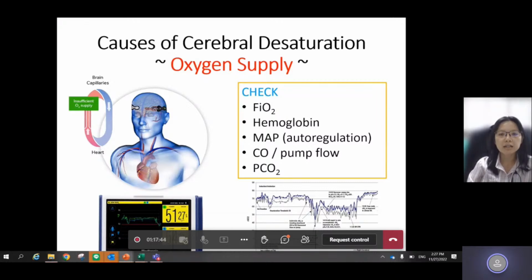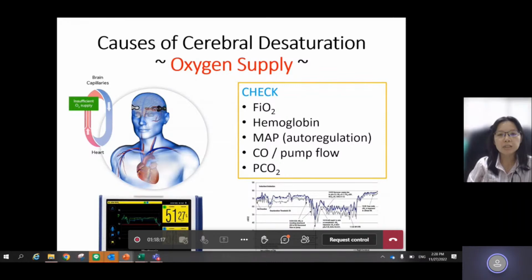And the third one is we need to check the mean arterial pressure. If we have used near-infrared spectroscopy, we should keep our mean arterial pressure between the limits of the autoregulation, because a higher MAP over the upper limit will cause a higher incidence of delirium after the surgery, and a MAP lower than the lower limit of autoregulation will cause organ dysfunction and higher morbidity and mortality after the surgery.